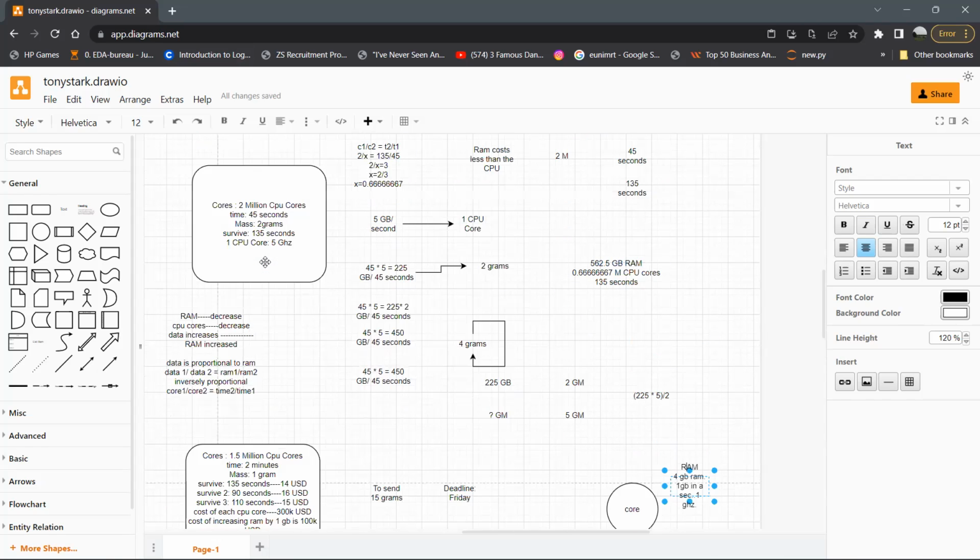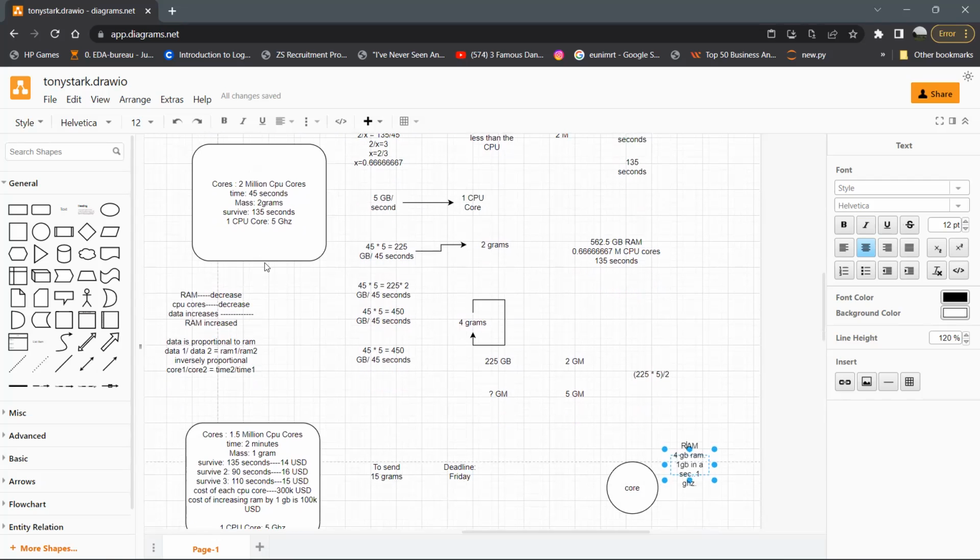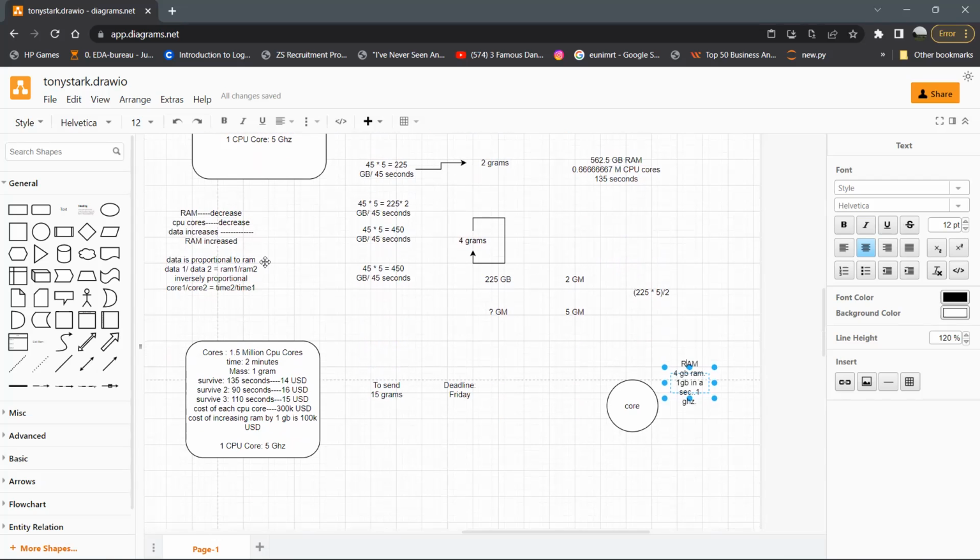This gigahertz is very important, because if you increase it to 10, that means the CPU core is twice as fast in processing the information. These are the basics you have to have in your mind. After that, AWS is just services where you have to combine whatever you have learned and produce a result.